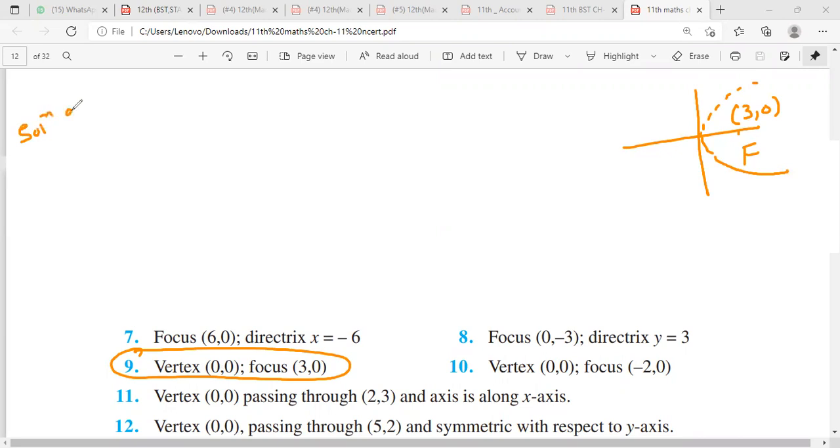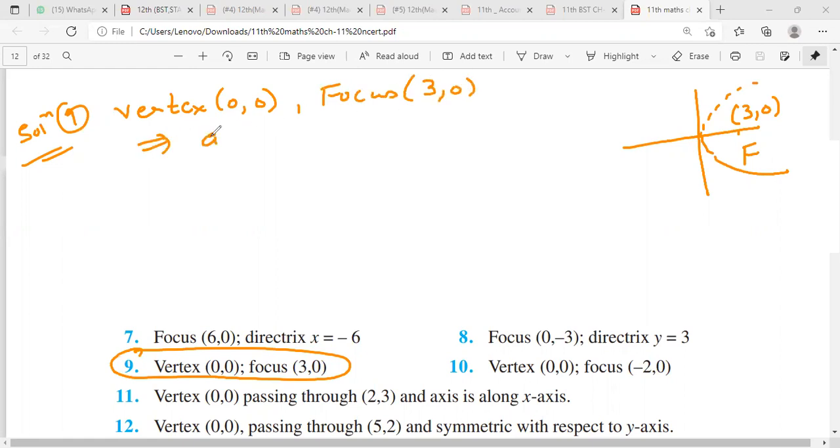So here vertex 0, 0 and focus is 3 comma 0, which implies a is equal to 3, right? Now equation of parabola, which will be y square is equal to 4ax.